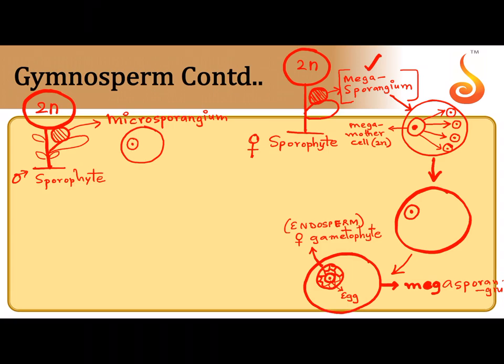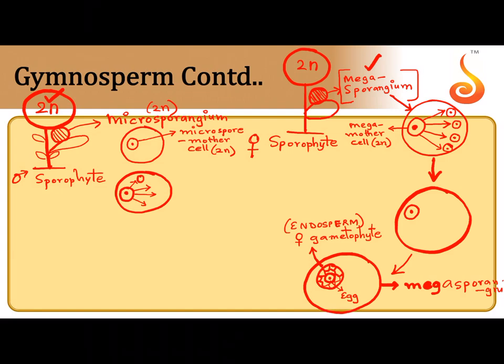Inside the microsporangium, there is a cell which, like we called the megaspore mother cell, here we call the microspore mother cell, which is diploid. So the microsporangium is also a diploid structure because the main plant itself is diploid. Now this microspore mother cell will produce microspores. Again, how? By meiosis.